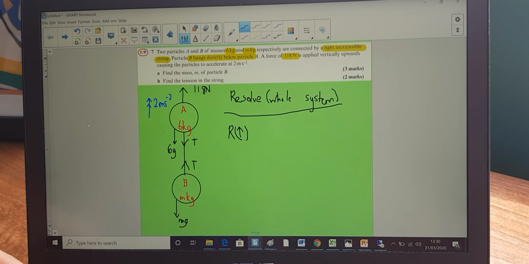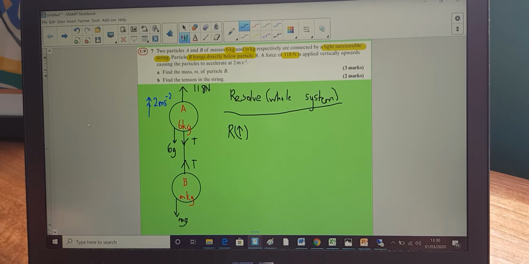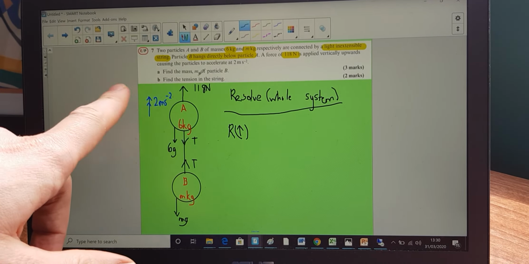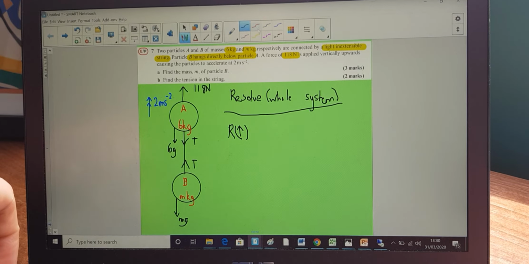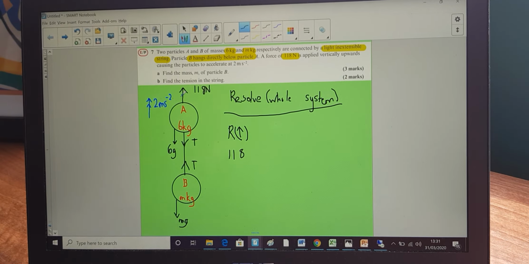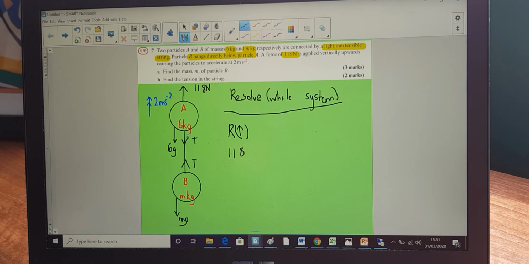The forces acting on the whole system: there's this force here, which is 118. That one's going up, and I've said that up is positive. Then what forces are acting against it?